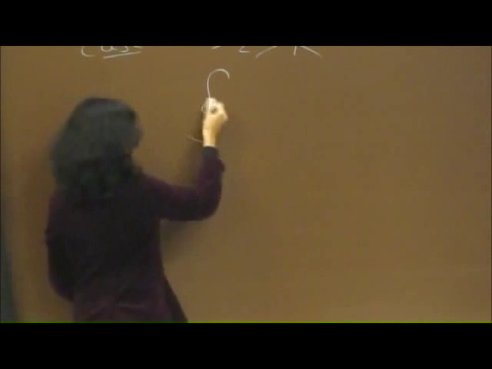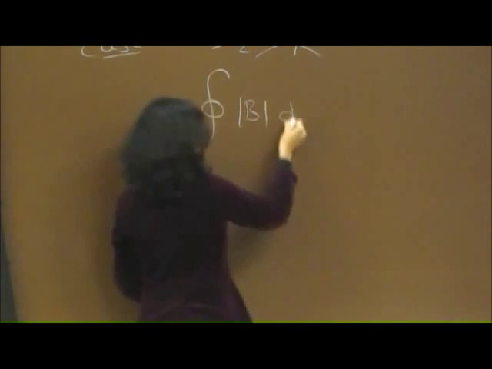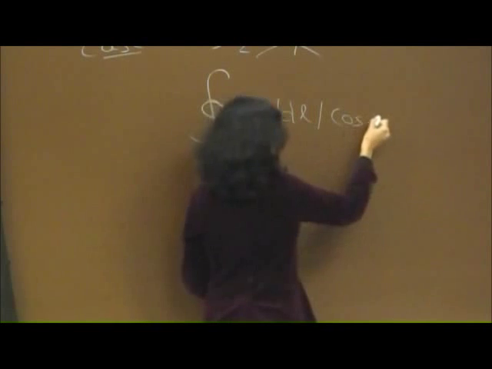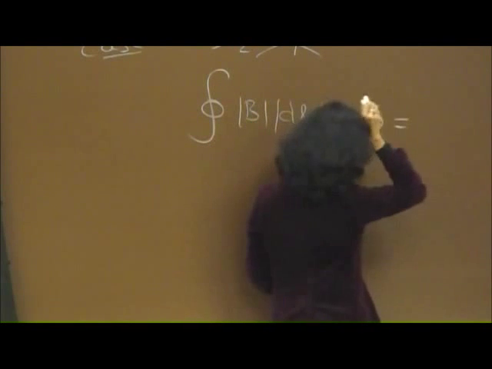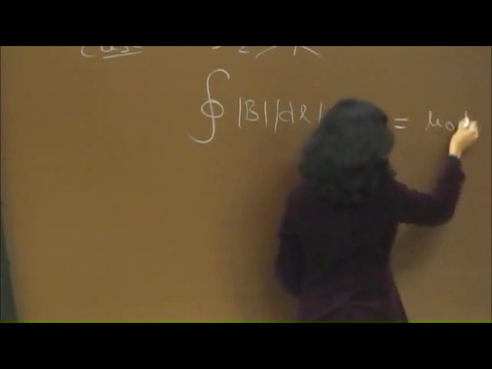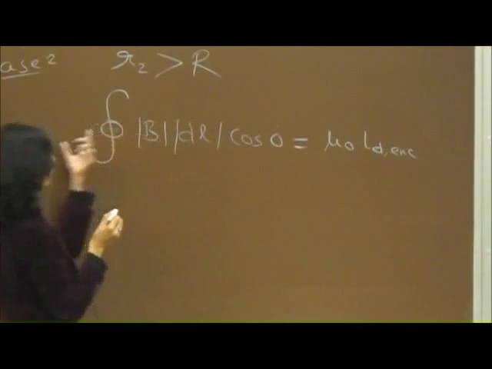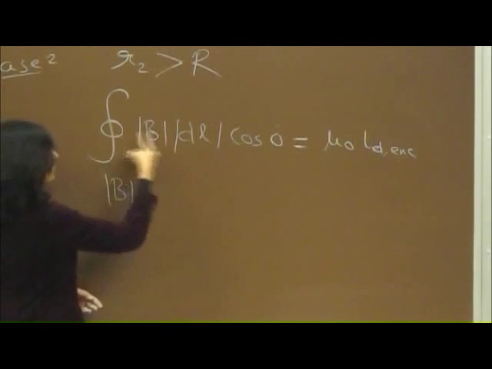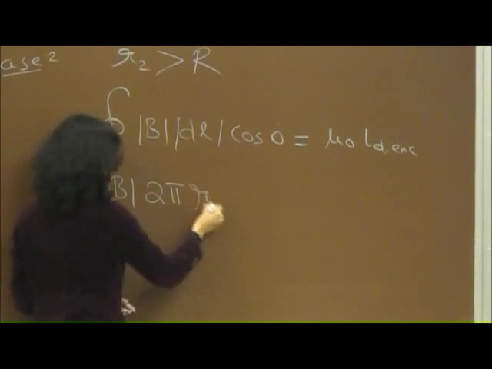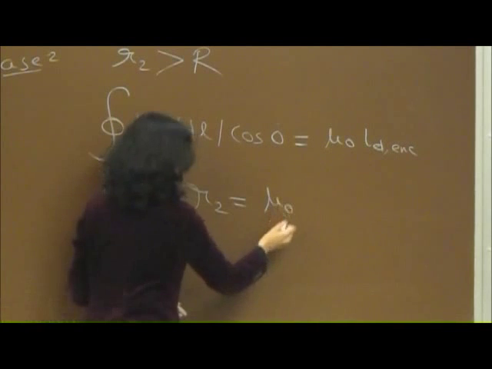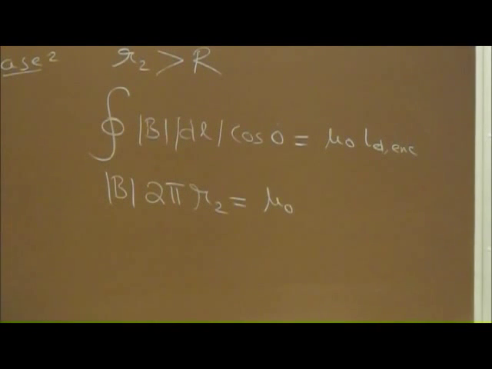In this case, again, we can use the integral of B dl, and again the angle between the two is cosine 0, over the closed circle will be equal to mu 0 I_D enclosed. B gets pulled out because it's constant. Integral dl gives me 2 pi R2, and that should be equal to mu 0 times. What is I_D enclosed this time, folks?